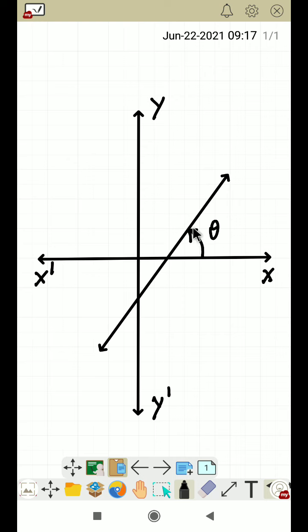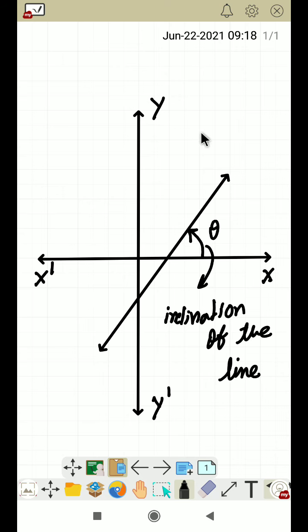This angle is called the inclination of the line.